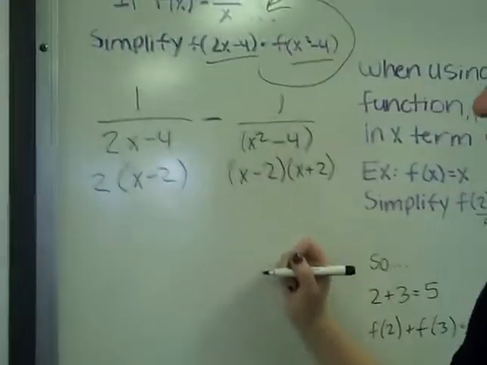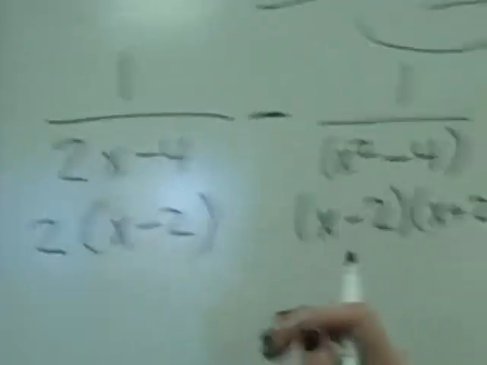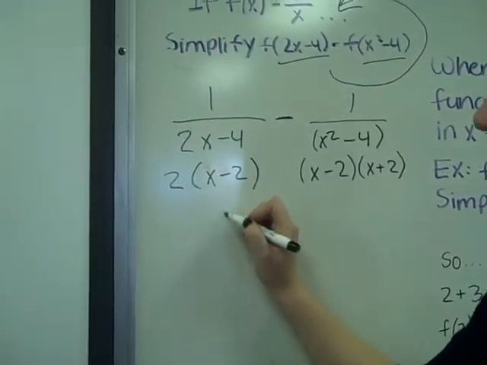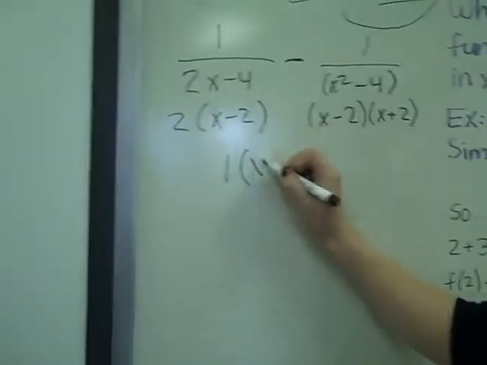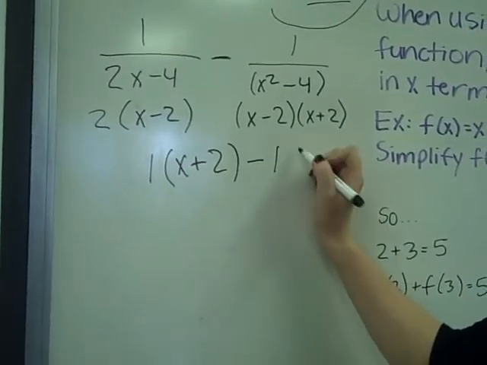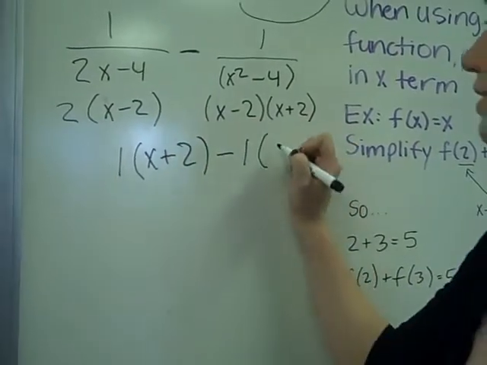So what's going to happen is you're going to multiply the numerators by what they need to be multiplied by. So you're going to have 1 times, and this expression needs x plus 2. And then you're going to subtract 1 times 2, which is needed to get the same denominator.